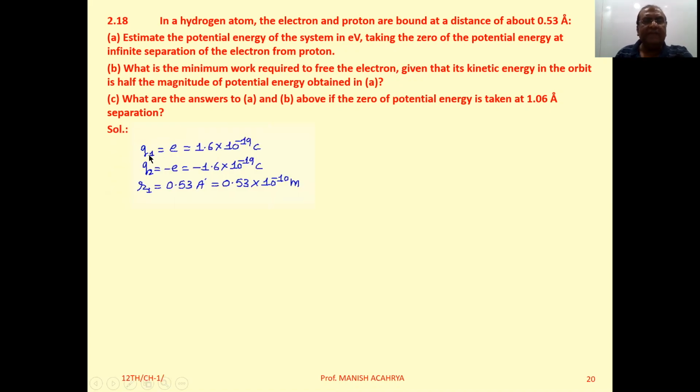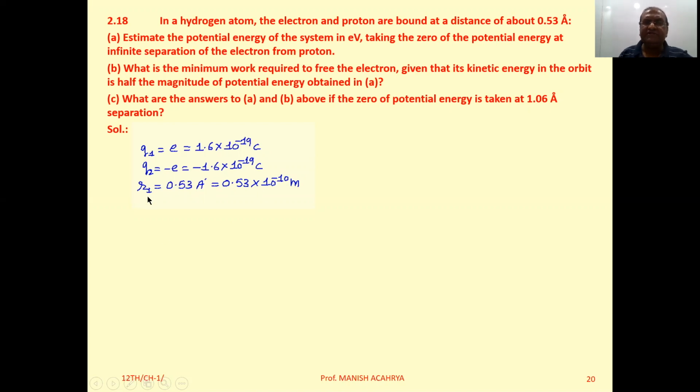Now see, charge Q1, that is charge of proton, so that is e, and that is 1.6 into 10 raised to minus 19 coulomb. Then another charge, that is charge of electron, that is minus e, that is minus 1.6 into 10 raised to minus 19 coulomb.